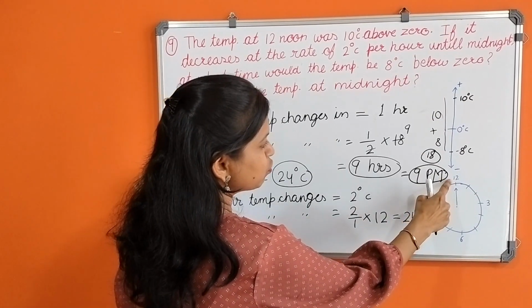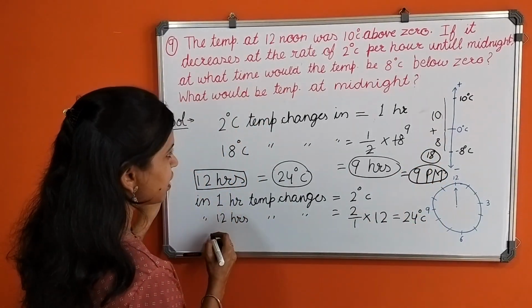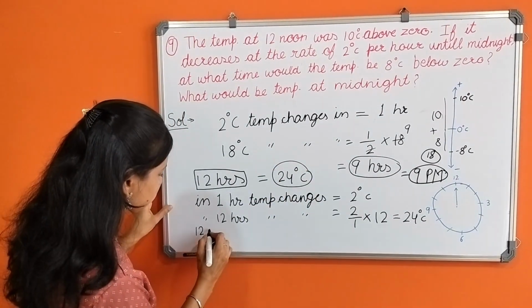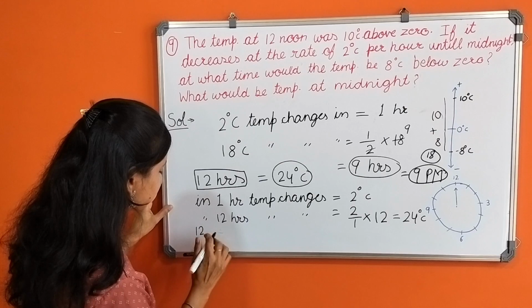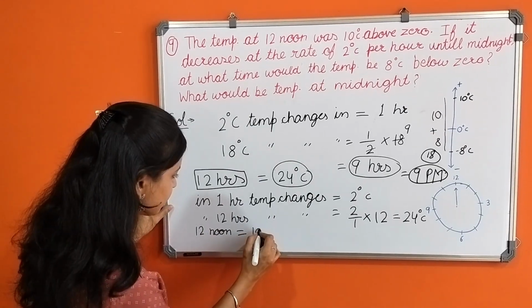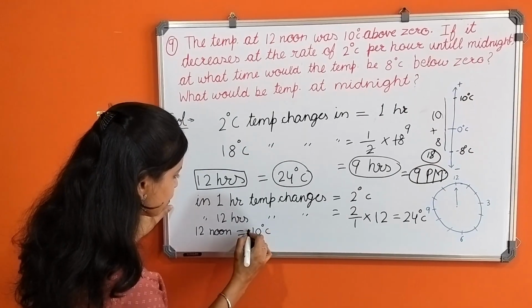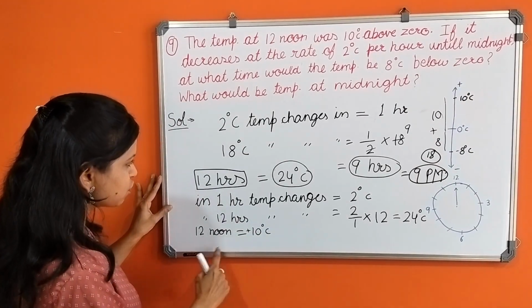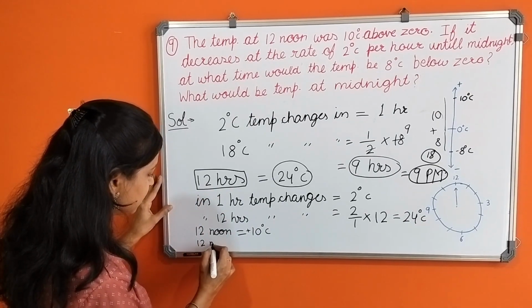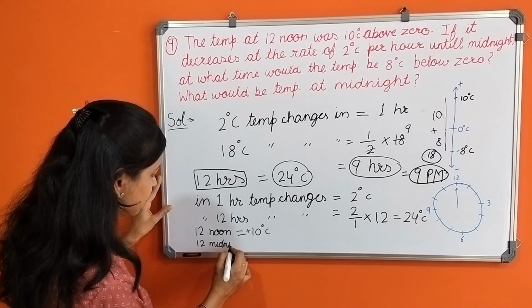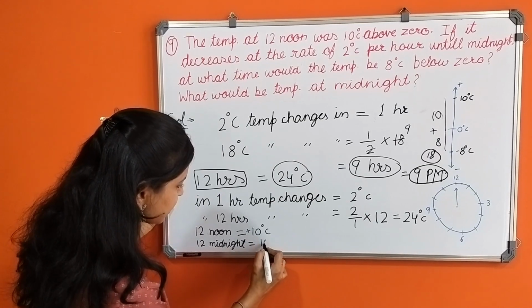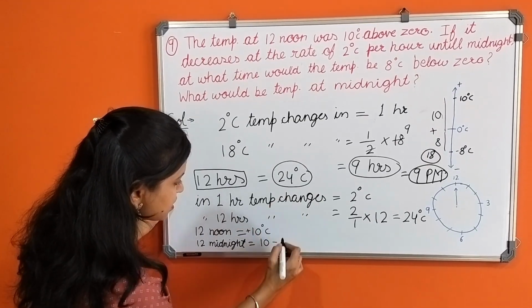So, at 12 noon, it was positive 10 degrees centigrade. So, at 12 midnight, it will be this 10 degree centigrade minus 24.